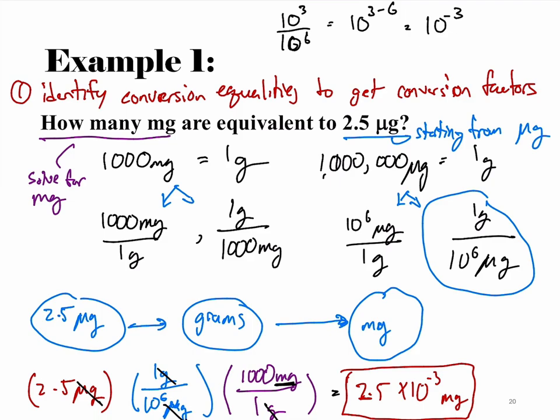And so what we're doing with these conversion factors is what I'm plugging into the calculator effectively is all of these in one expression, and then doing that calculation. So this is like 2.5 times 1 times 1,000, all divided by 10 to the 6 times 1. I'll write that on the next page just so you guys see what I'm actually saying.